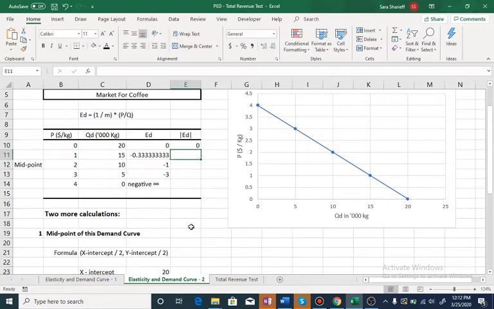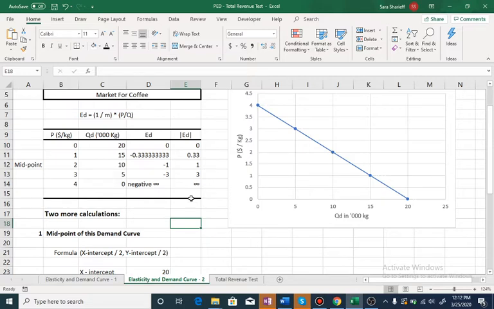So the absolute value of 0 is 0. The absolute value of negative 0.33 is positive 0.33. The absolute value of negative 1 is 1, the absolute value of negative 3 is 3, and the absolute value of negative infinity is infinity, right?